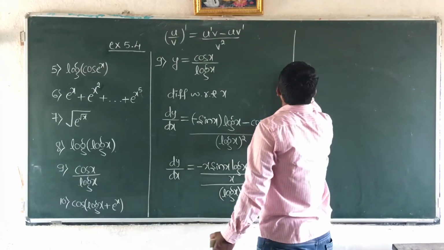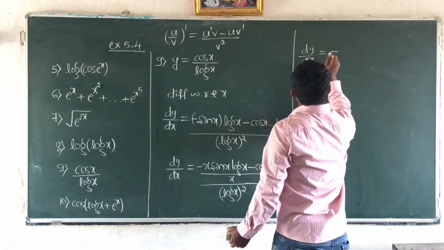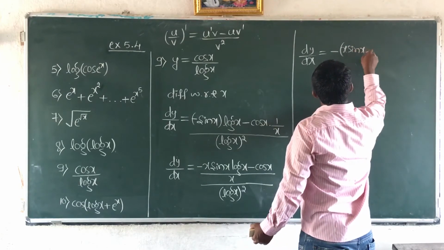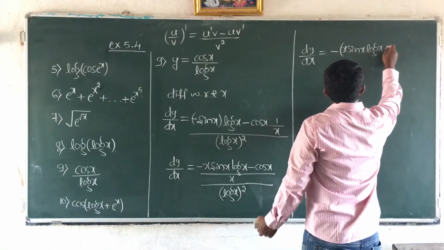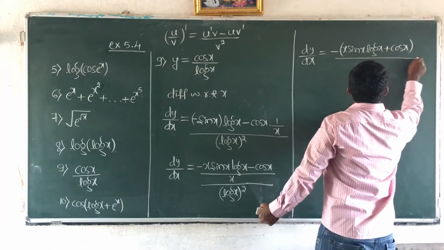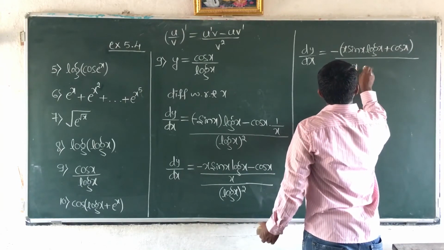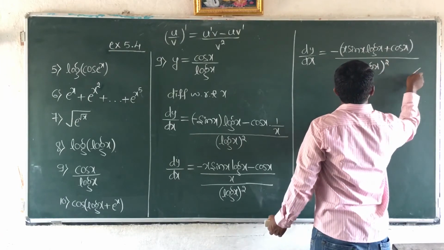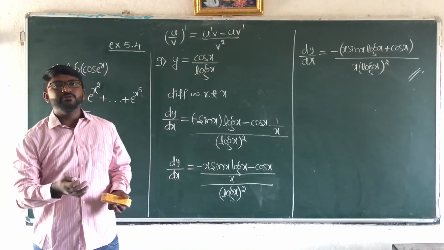So dy by dx is equal to, I take minus out here. Inside we get x sin x into log x plus cos x, divided by x into log x into log x the whole square. So this is all about the ninth problem. So pause the video to note it down.